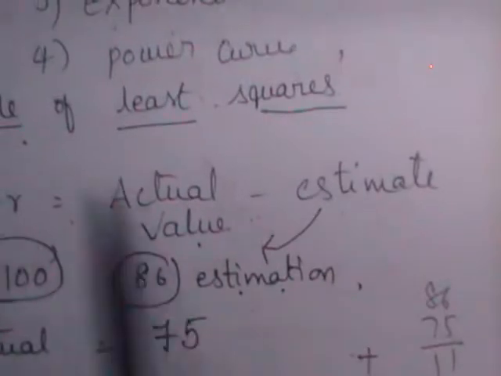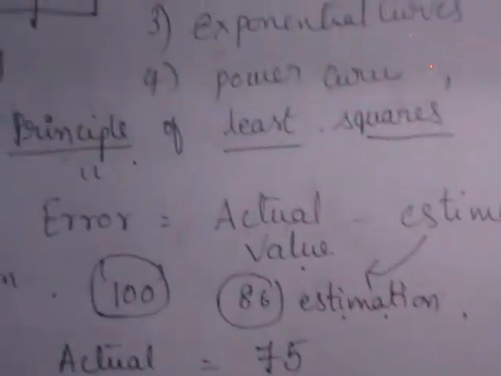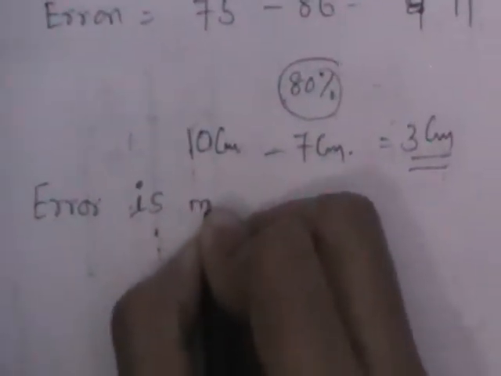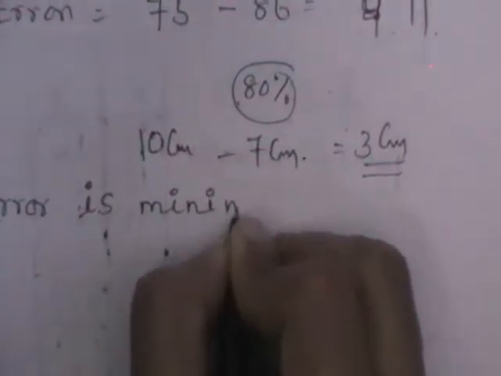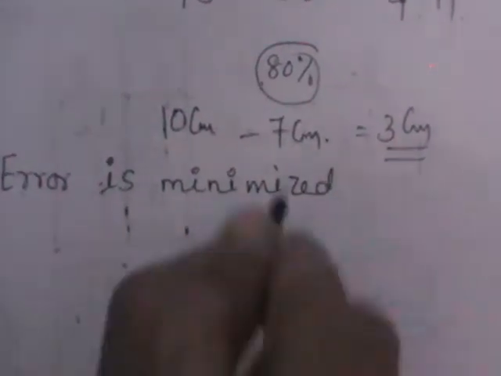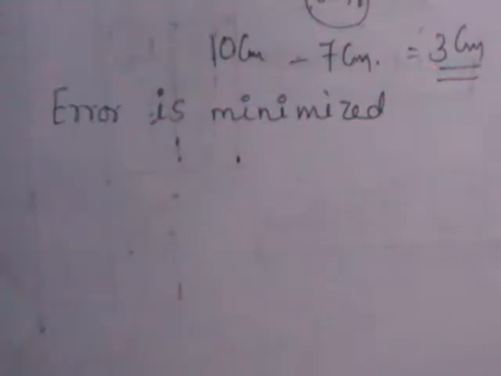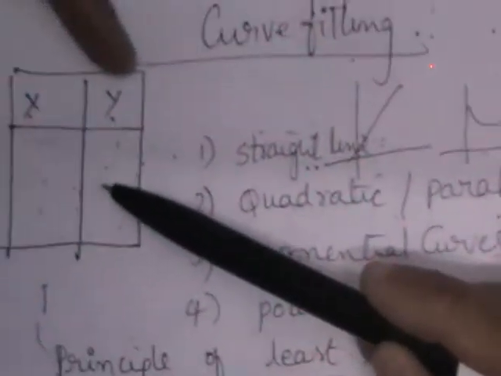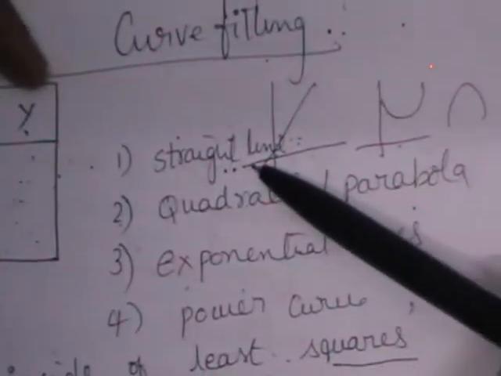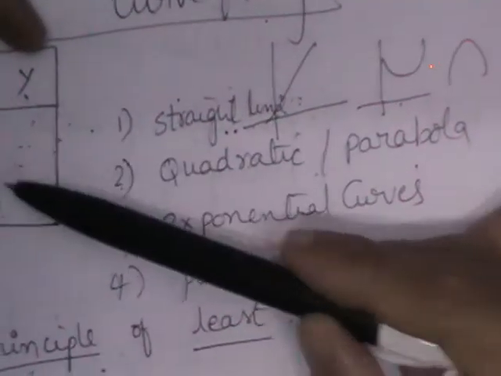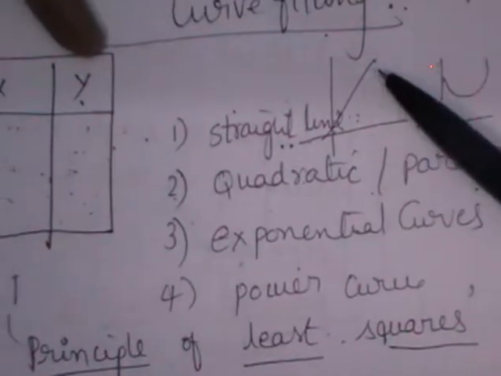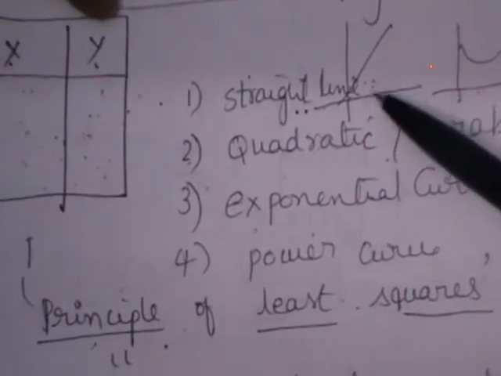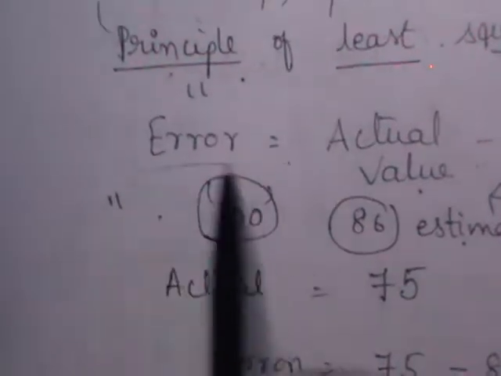Now according to the principle of least squares, what is the nature of the error? Is error to be minimized or maximized? Error is always to be minimized. Now for fitting any curve, suppose you are given data and asked to fit a straight line. The data may or may not represent a straight line, so there is a chance of committing error.